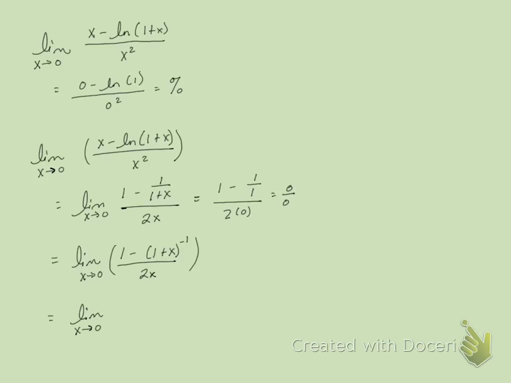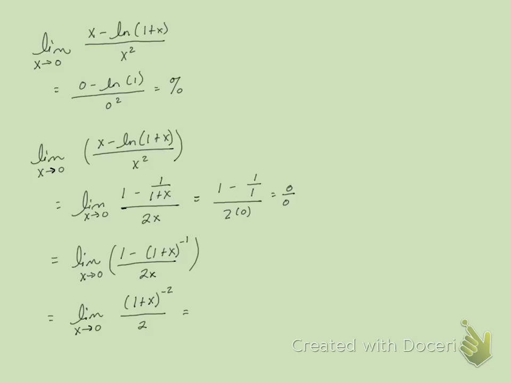The derivative of the numerator: the derivative of 1 drops off, and the derivative of negative (1 plus x) to the negative 1 will drop that negative 1 down in front. It's going to cancel with a negative. So we'll have (1 plus x) to the negative 2, and the derivative of the inside again is 1. Then the derivative of the denominator is 2.